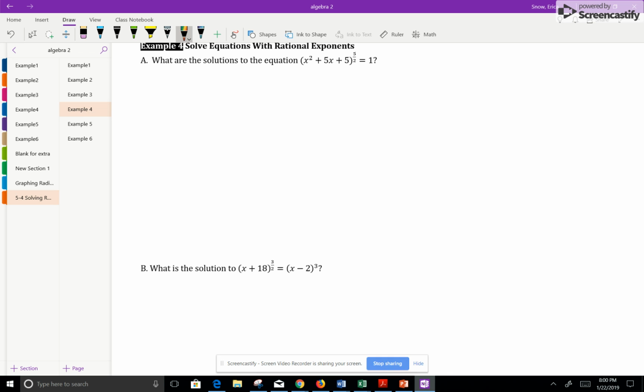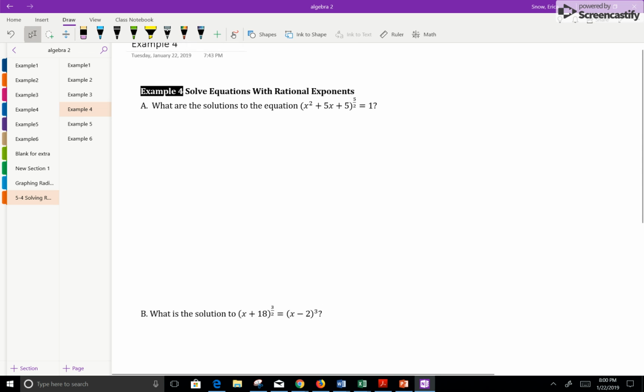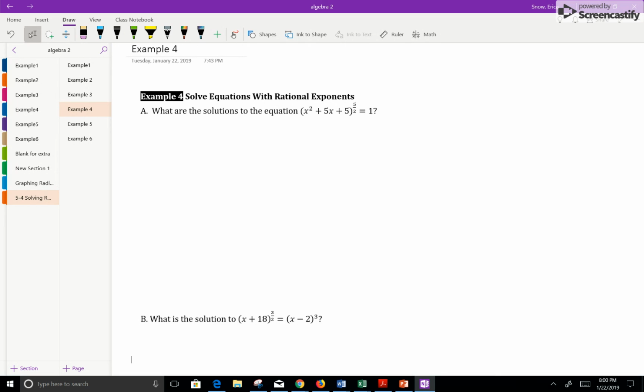Okay, we are now in example 4. This is where it's getting a little bit more demanding of you. Remember that when we have a fractional exponent, to undo a fraction, we have to multiply by the reciprocal, right?